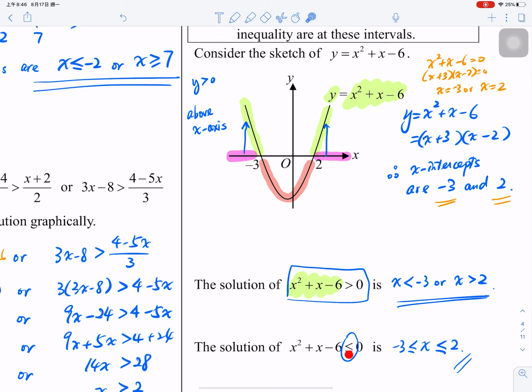If smaller than 0, then in between the two x-intercepts. And this concept is for a greater than 0, that means when the parabola opens upward, then you can get these two kinds of answers. Understand?